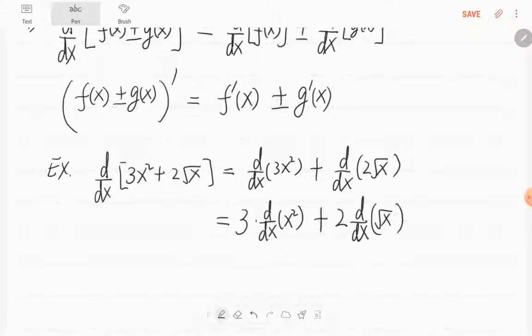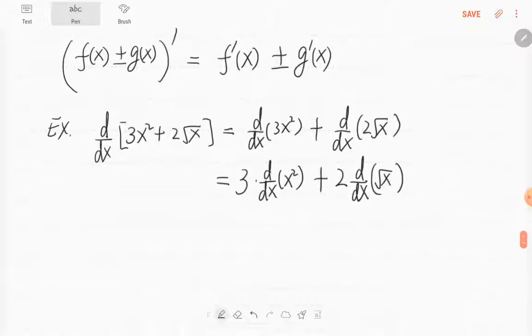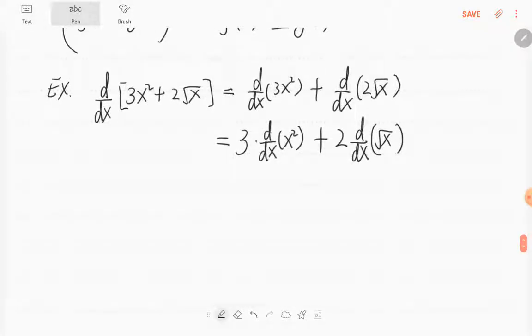In this step we use the scalar multiplication rule, then the power rule. So this would be 3 times 2, we bring down 2, then subtract 1 for the new power. Plus 2 times, and we note that square root of x is x to the 1/2.